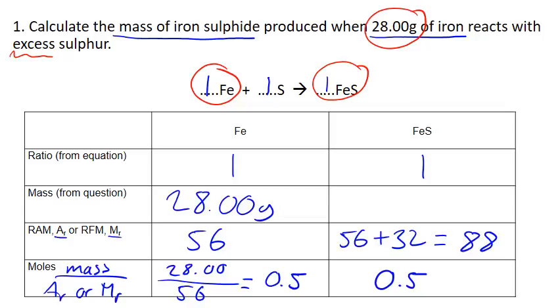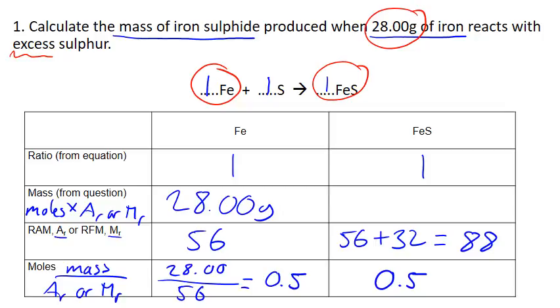I'm then going to look here and I'm going to look at how to calculate the mass, which is the only thing that I'm missing now, and that's what I'm being asked to do in the question. And mass equals the number of moles multiplied by the AR, so the atomic mass, or the MR if it's a formula.